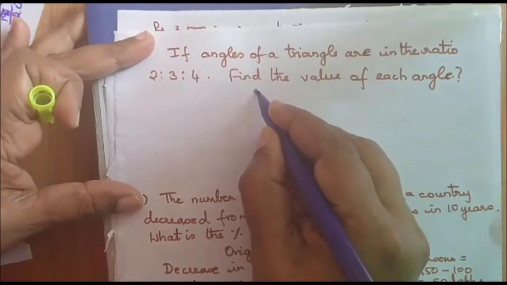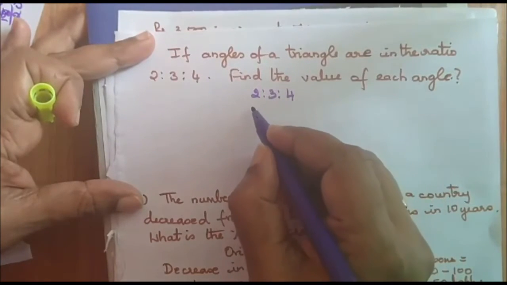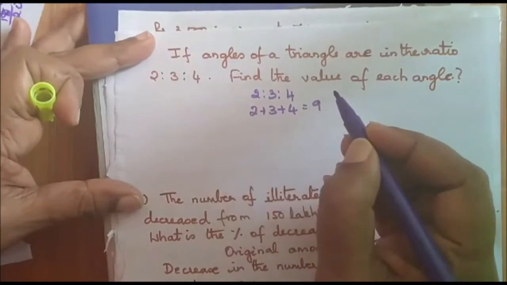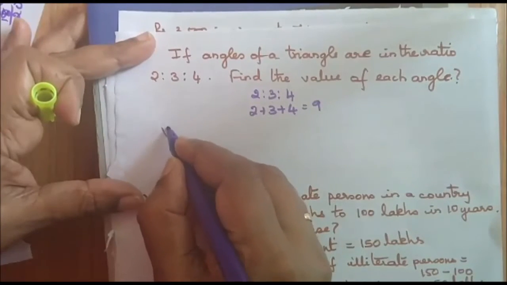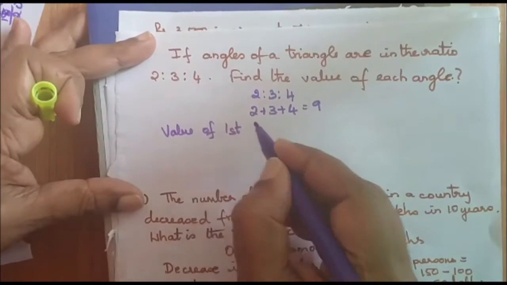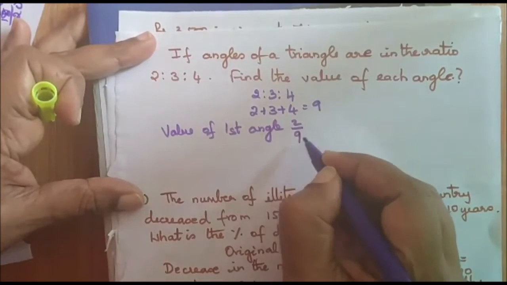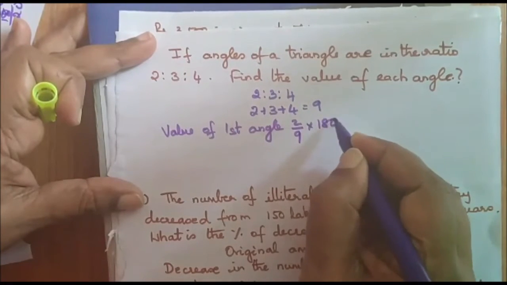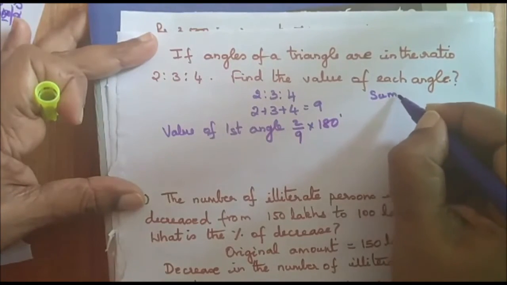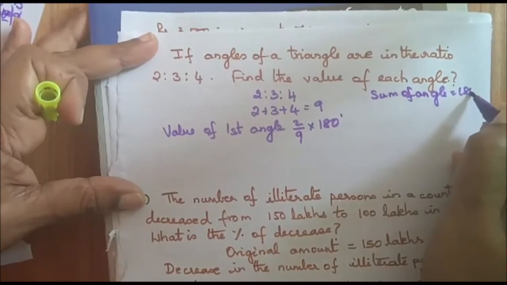The ratio is 2:3:4. Now to find the total, 2 plus 3 plus 4 is equal to 9. Therefore, the value of the first angle is 2 by 9 into 180 degrees, because the sum of the angles of a triangle is equal to 180 degrees.